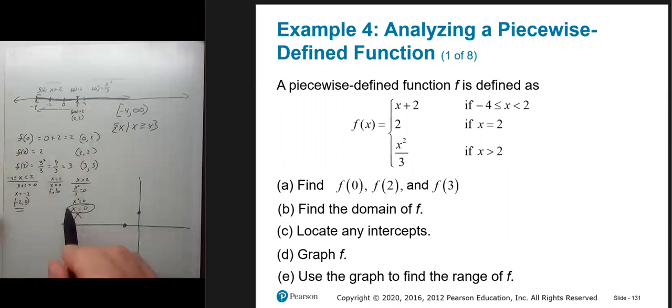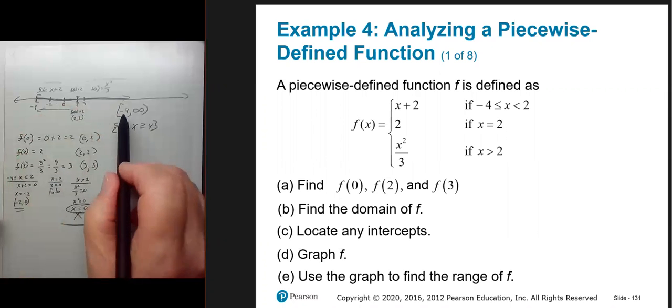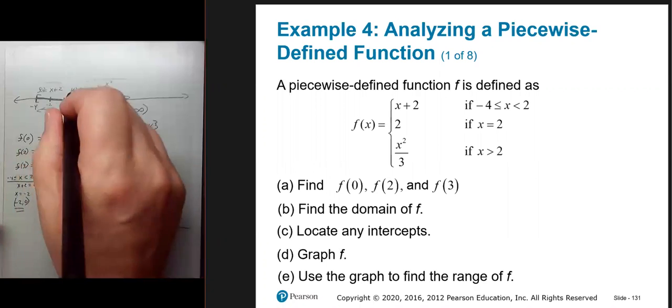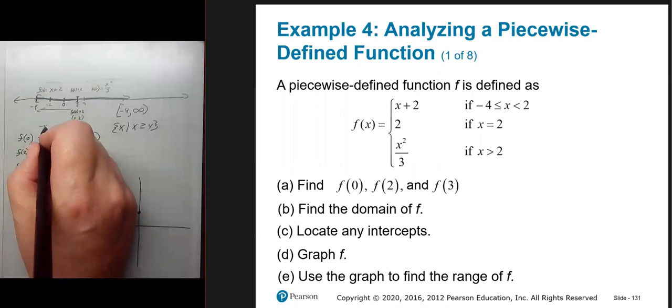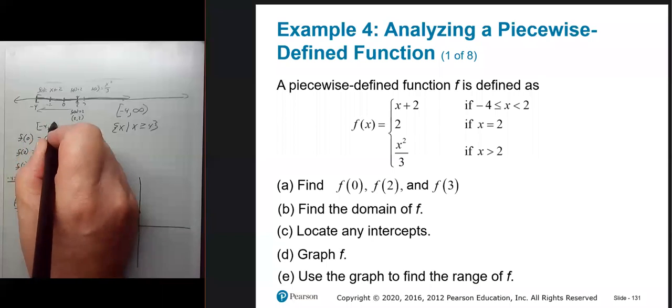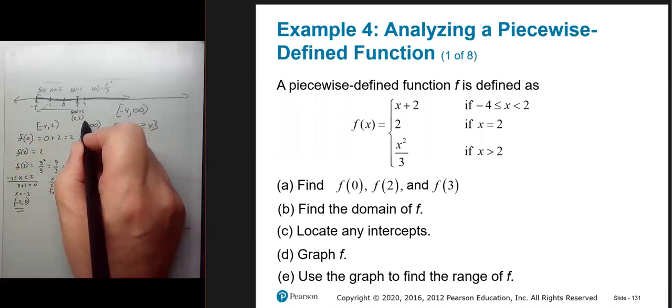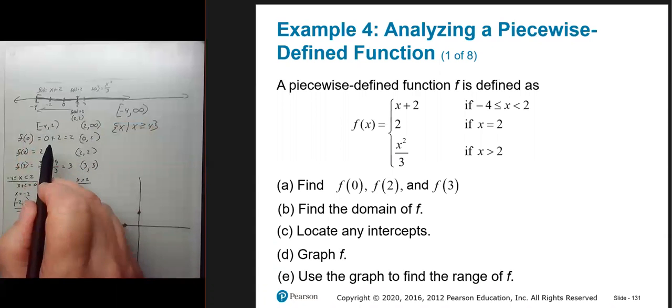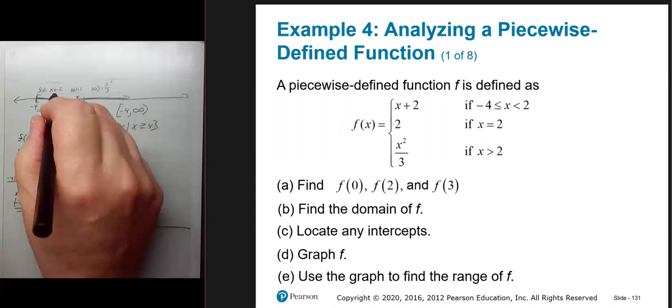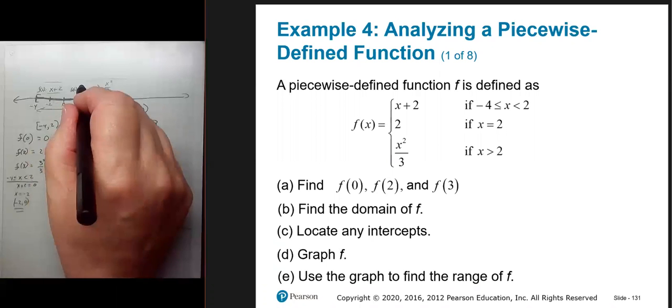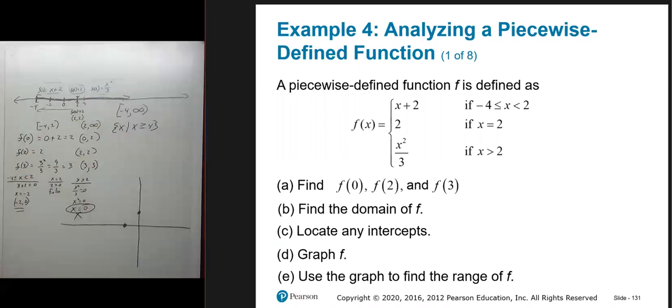And then because -4 is an endpoint of this interval, we got those intervals from -4 to 2. And then we have this other interval from 2 to infinity. So I want to check these two endpoints for these two functions, as well as knowing that at 2 we have a specific y value, which is 2. So at 2, y is 2.